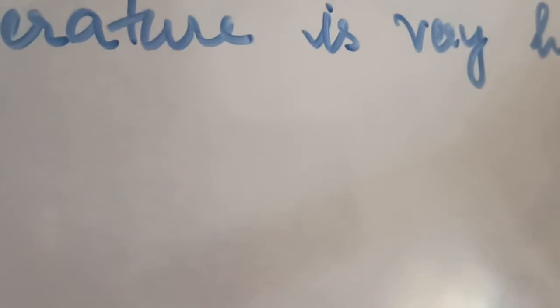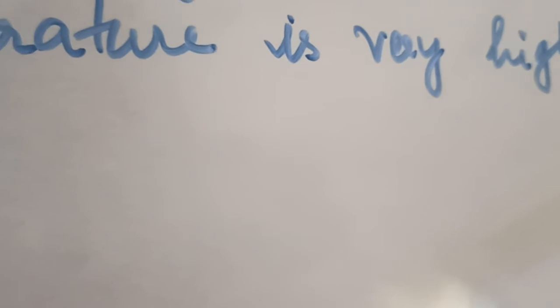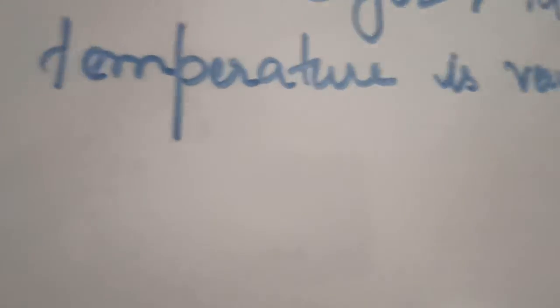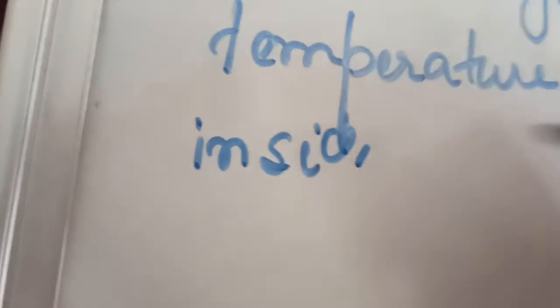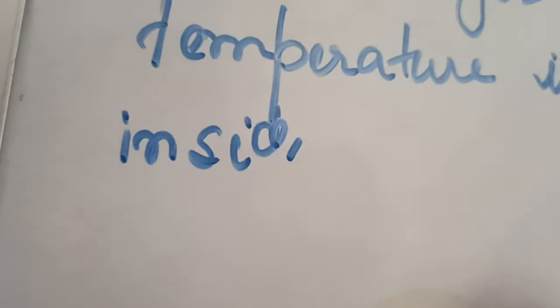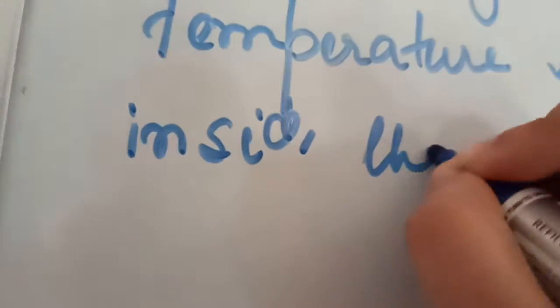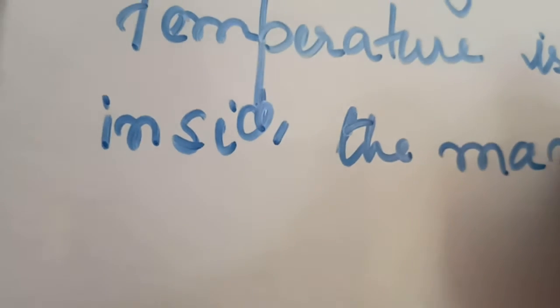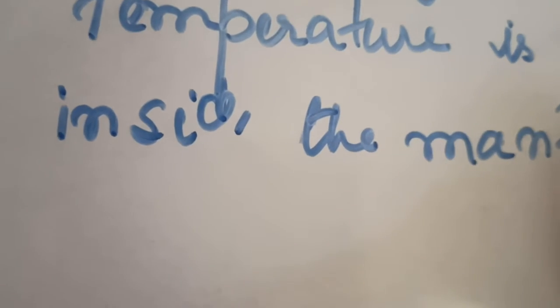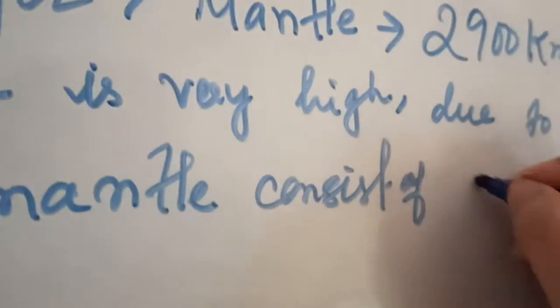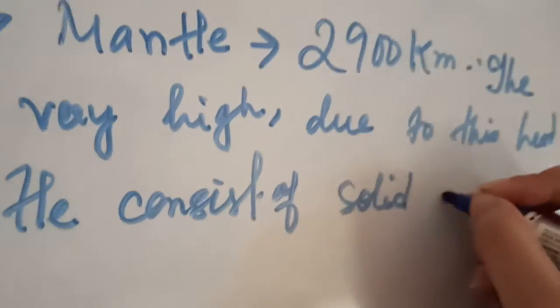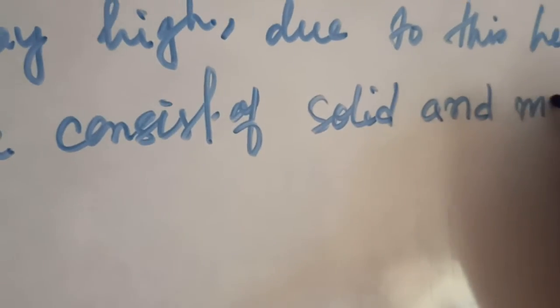So due to this heat, the mantle consists of solid and molten rocks.